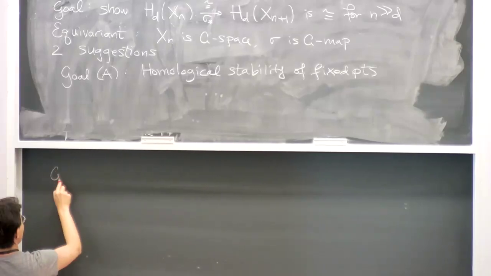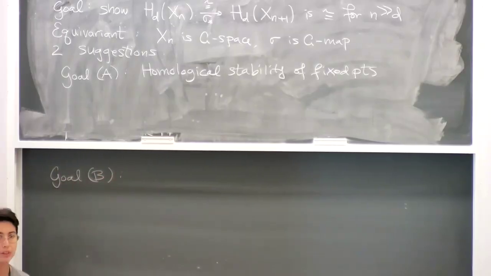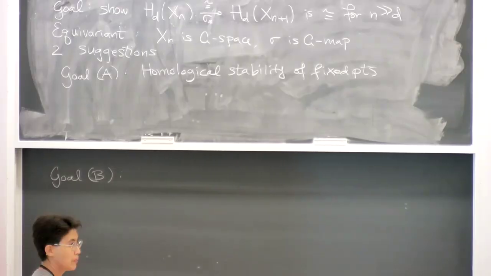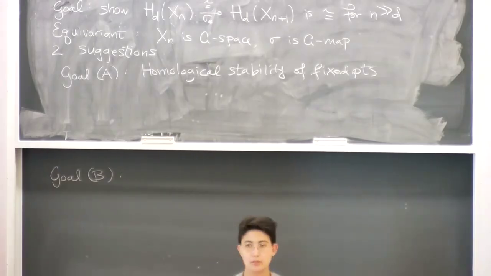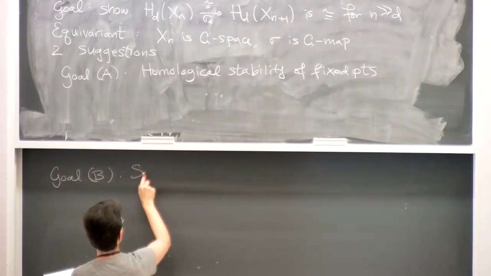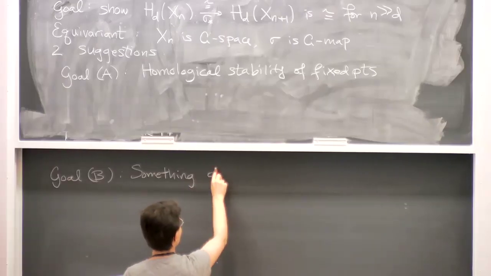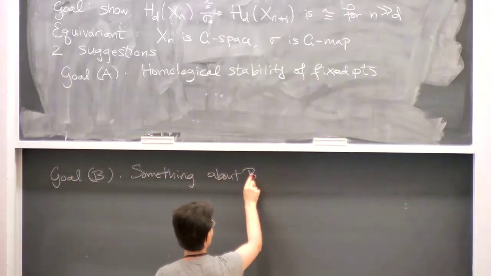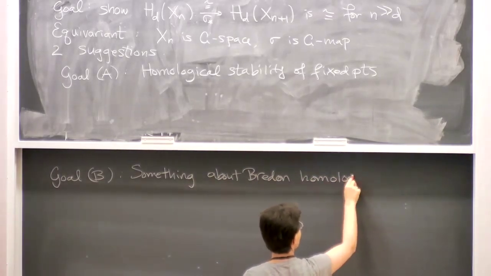Another kind of thing you might ask for. If you're into equivariant spectra or equivariant homotopy theory, the equivariant version of this sort of setup you might expect is something that involves Bredon homology.